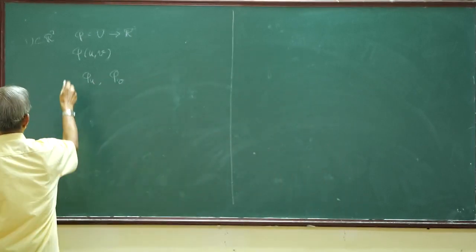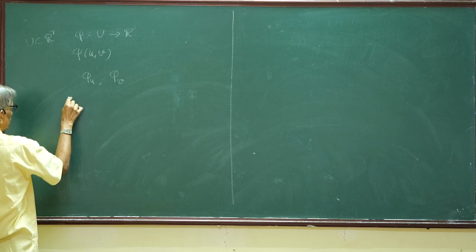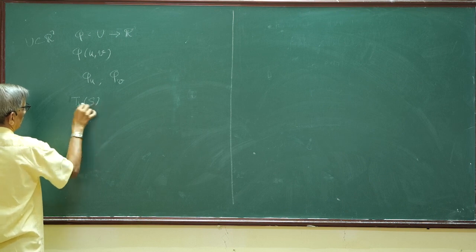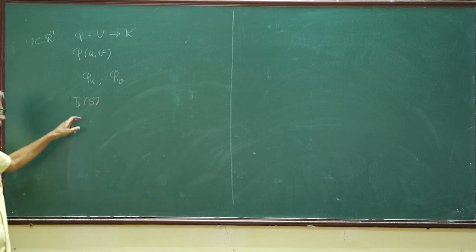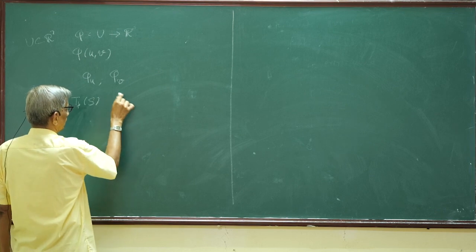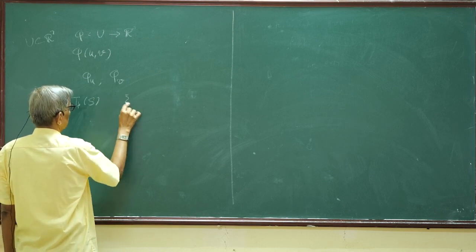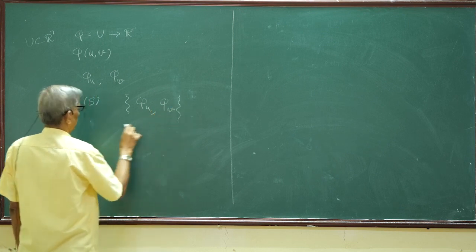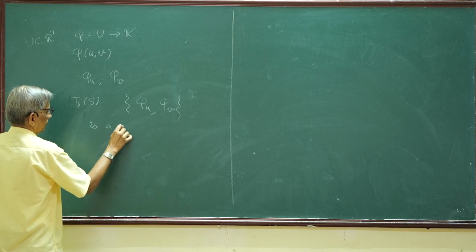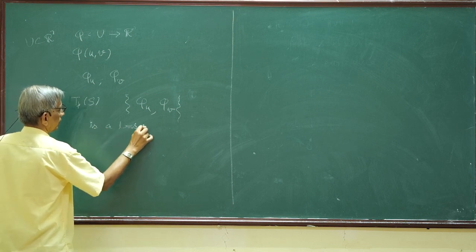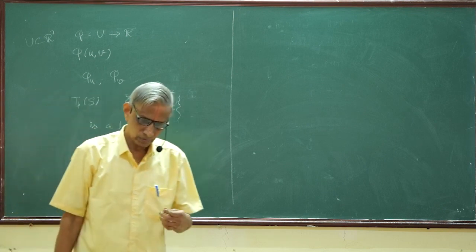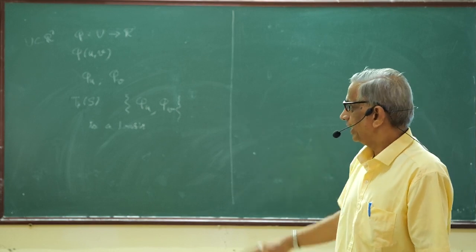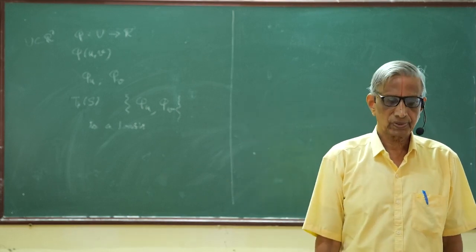If you look at P, the tangent space to the surface at the point P, so this is a basis for the tangent space. So in other words, any tangent vector you can write as A times phi u plus B times phi v.